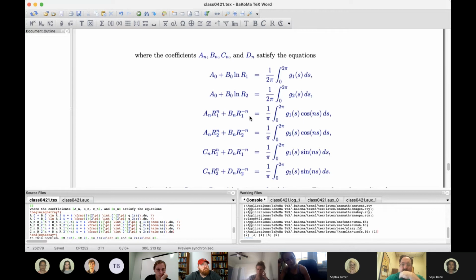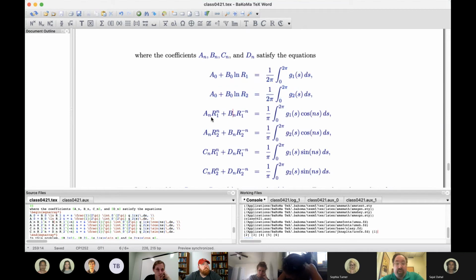When you have, for each pair of equations, both right-hand side values equal to 0, then the coefficients are 0. So we're looking at cases where in each 2 by 2 system, at least one of these right-hand side values is non-zero. Those are the ones you actually go to the trouble to solve.